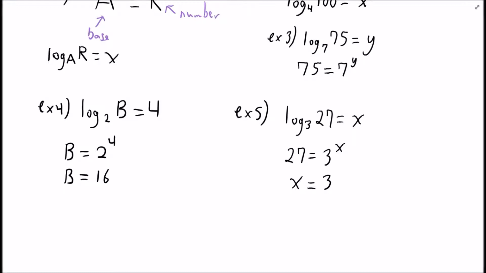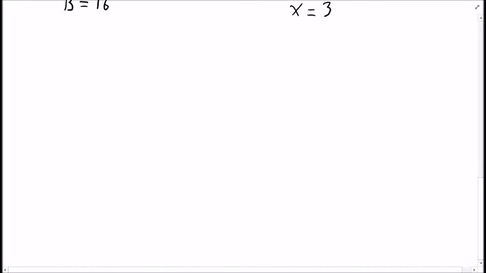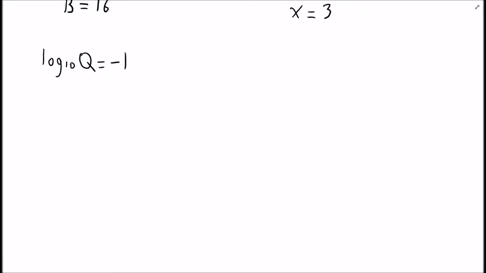Alright, let's do a couple more examples. So let's say I had log base 10 of q is equal to -1. So the first thing we want to do is change this back into index form.